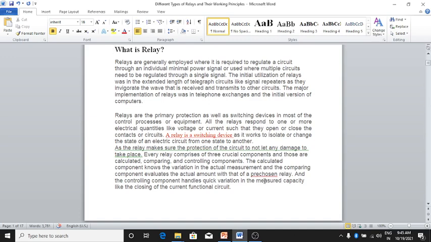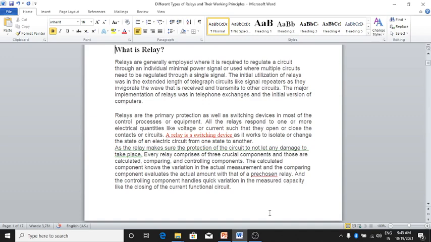The relay is a switching device as it works to isolate or change the state of an electric circuit from one state to another, as the relay makes sure of the protection of the circuit to not let any damage take place.